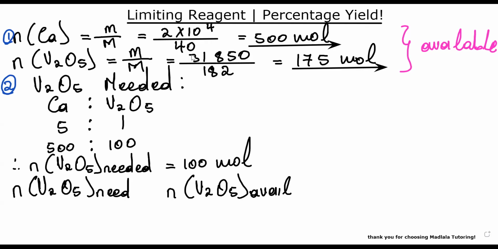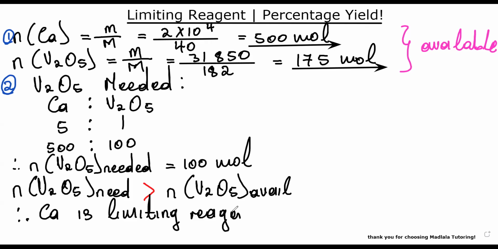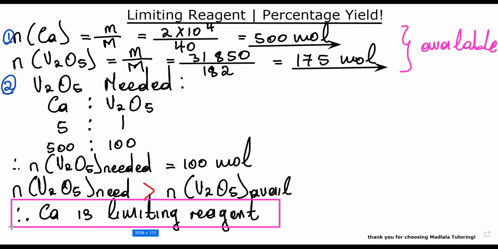So now we can see that we actually have more than what we need, okay? So this means vanadium pentoxide is an excess reagent, which means that calcium is the limiting reagent. So that's the most important thing that we established.